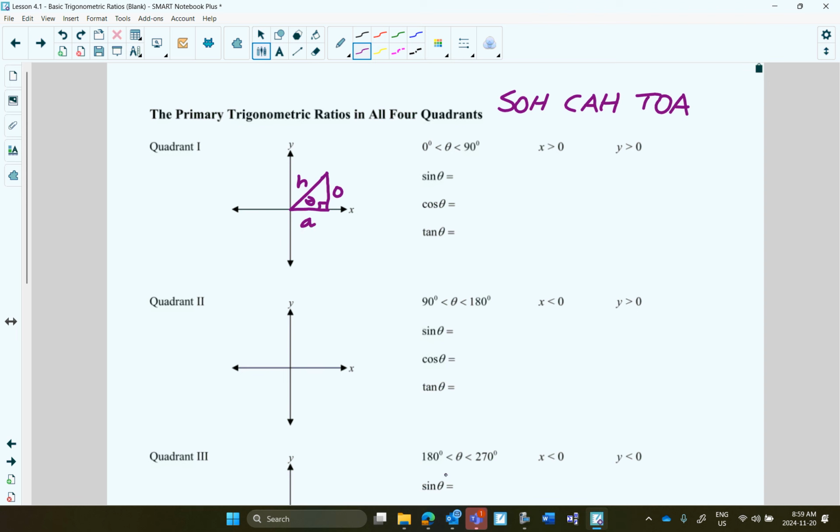I'm going to call these other names. We're going to call this side x, because it's the length of x. Vertical is y, so we're going to call this side y.